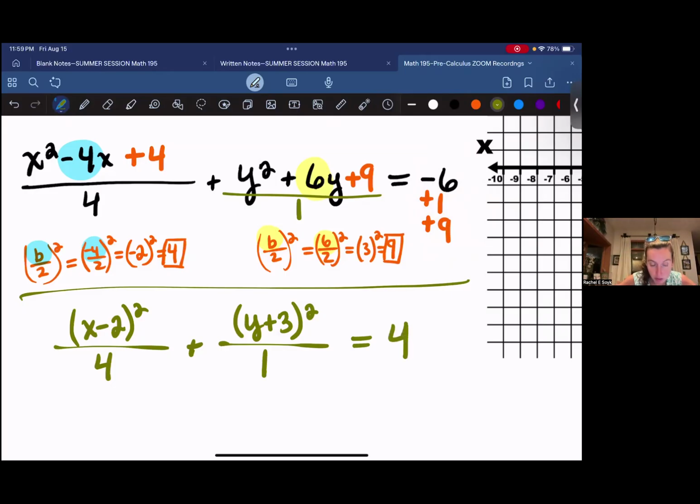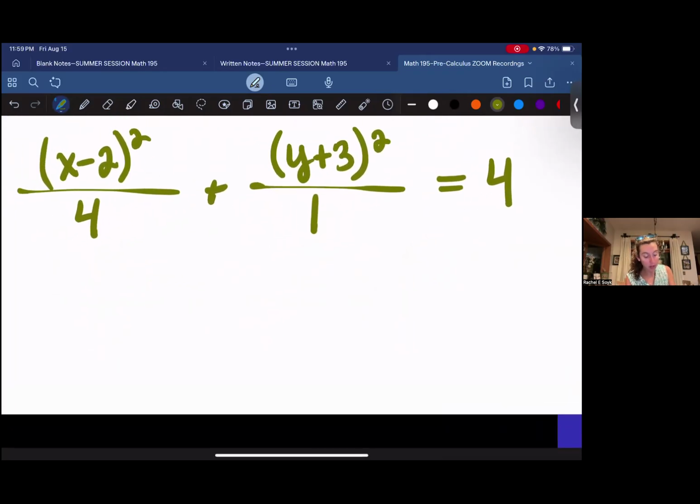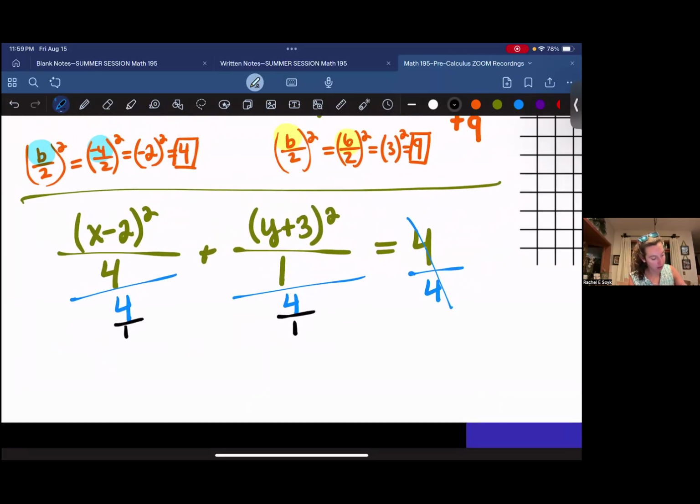So we're very close to being done. The very last step is, remember, standard form, we need that right-hand side to be 1. So we're actually going to divide everything by 4. And when you divide everything by 4, these two separate fractions, by keep, change, flip, what's going to happen here, I'm just going to copy and paste the numerators now because that's not changing.